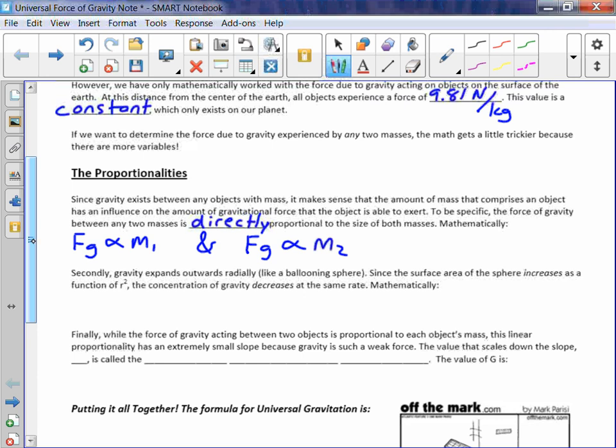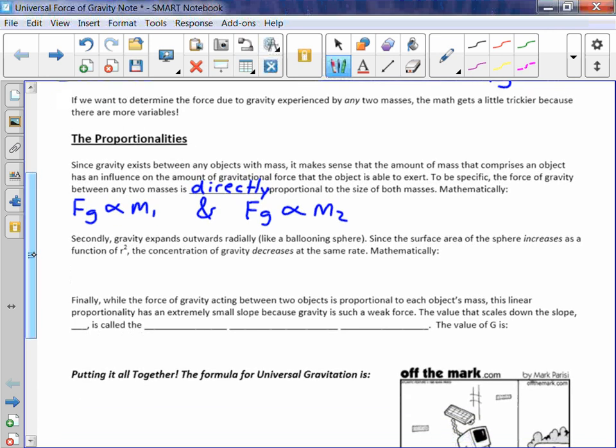Secondly, since gravity expands outwards radially, like a ballooning sphere, since the surface area of the sphere increases as a function of r squared, the concentration of gravity decreases at the same rate.